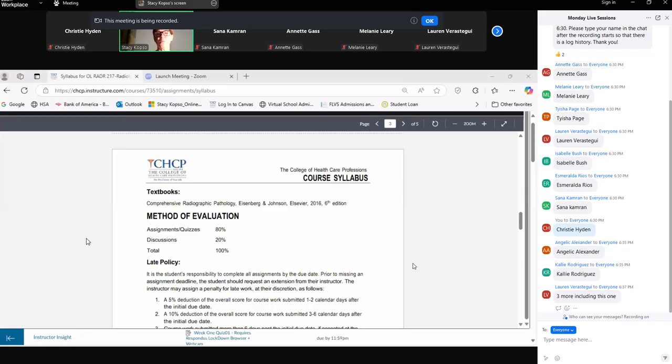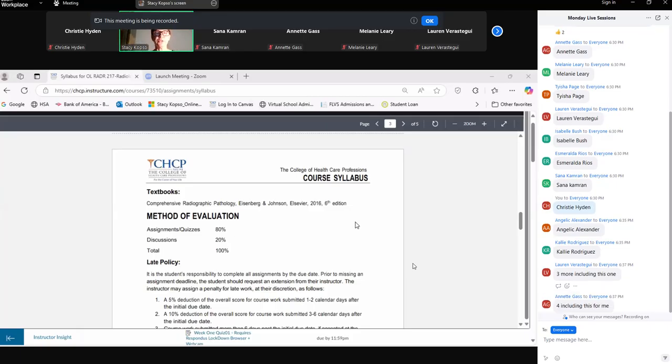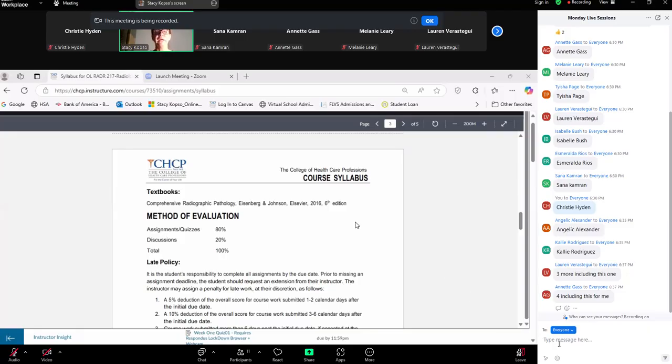So some weeks when we cover an actual system like gastrointestinal, I will use that opportunity to review everything about the gastro system in relation to registry review. Same thing with urinary.